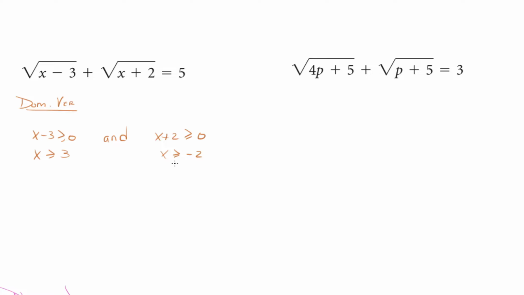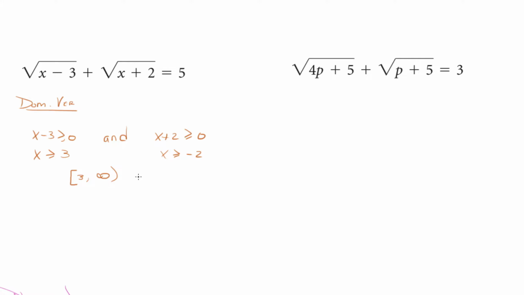Now, if these two must be satisfied at the same time, what's the domain? What's the intersection of these two? Well, the domain here is x greater or equal than 3. The largest number dominates, because if I choose a number smaller than 3, then it doesn't satisfy this domain. So the domain is going to be from 3 to infinity.